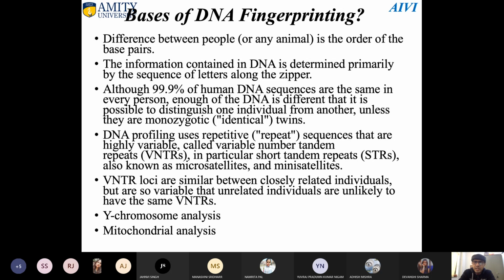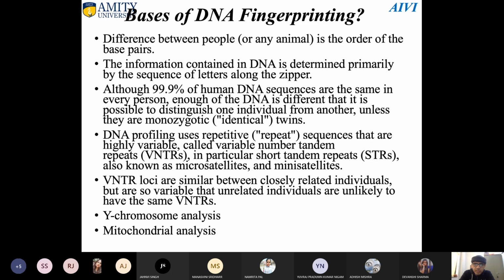If this much identicality is there, then we might consider it the same, but it is not. The difference that you are seeing at 0.01%, that difference is a huge difference, and that difference is what makes us how we are, very much different.